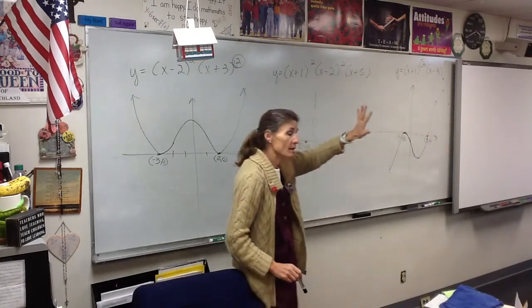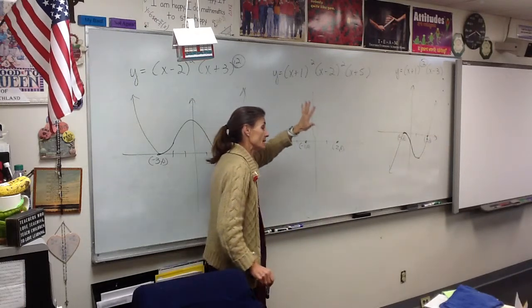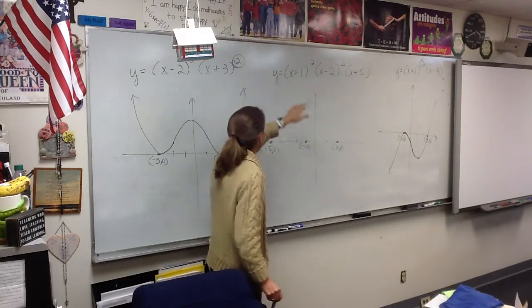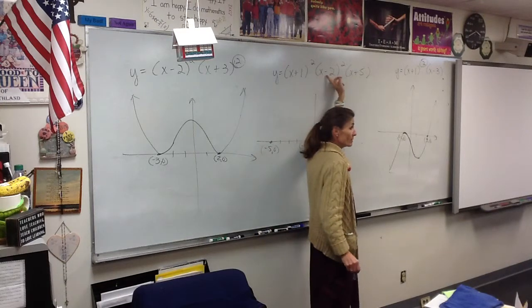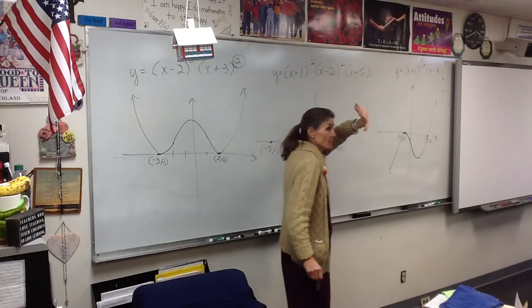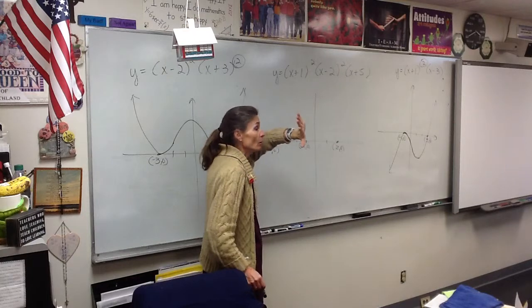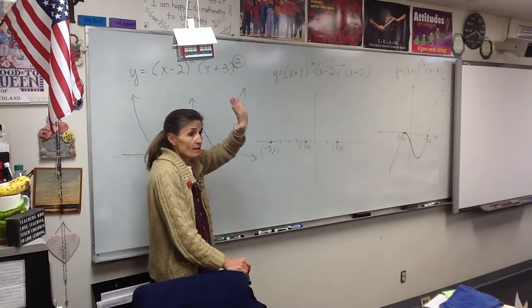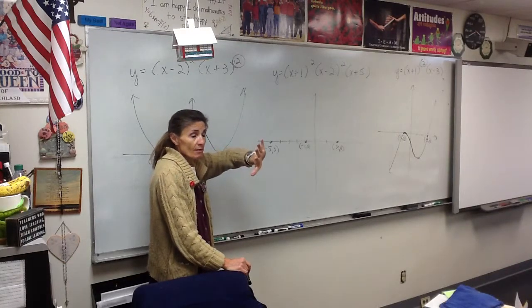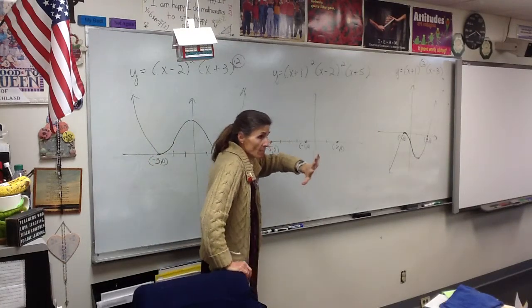Somebody said 3. I'm not talking about parentheses. I'm talking about actual x's. There's 2 of them here. There's 2 of them here. There's 1 of them there. Huh? Some of those imaginary? Nope. They're all real. So I have 5 x's. That is an odd number.